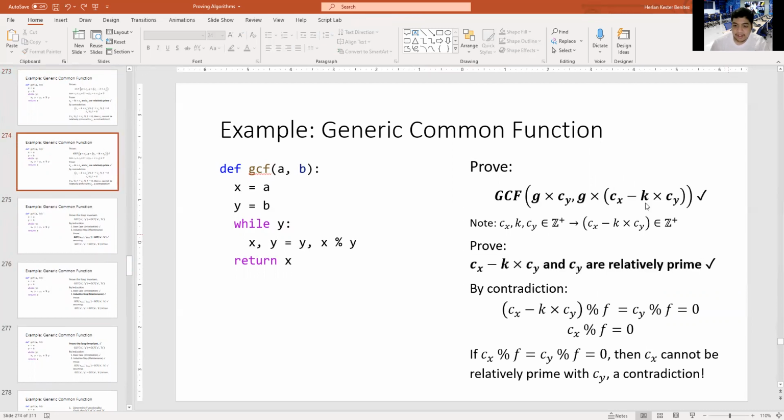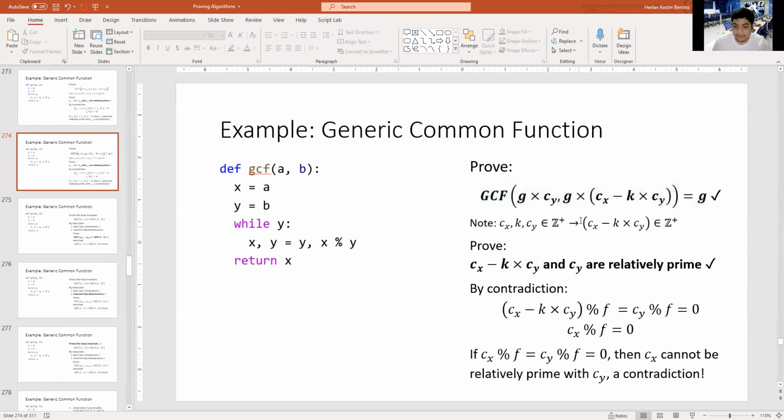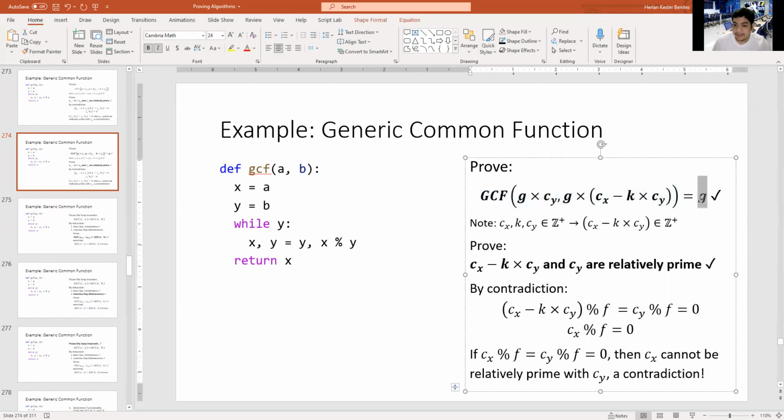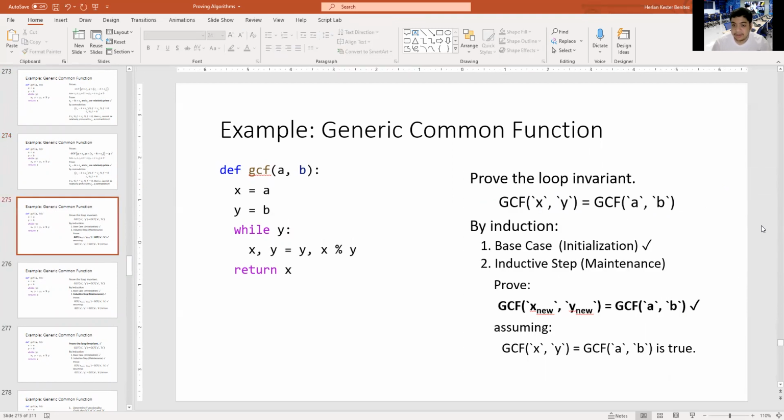And therefore, the GCF of this term is actually G. Actually, that's incomplete, so we have to prove that this is equal to G. G will be the greatest common factor because cy and this term over here are relatively prime and both are multiplied by G. Therefore, G is the greatest common factor.